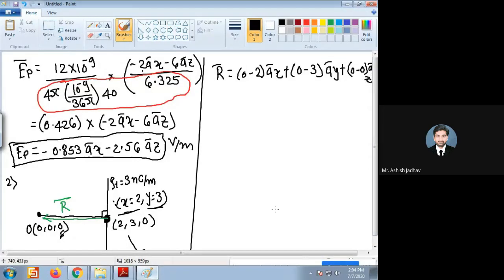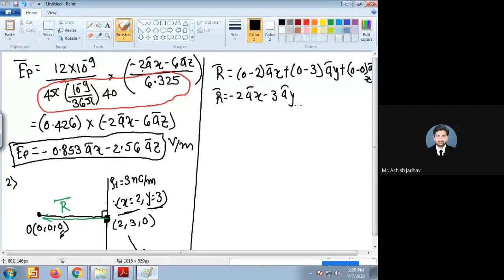So what value of r bar are you getting? r bar is equal to minus 2 a bar x minus 3 a bar y. Correct, absolutely correct.